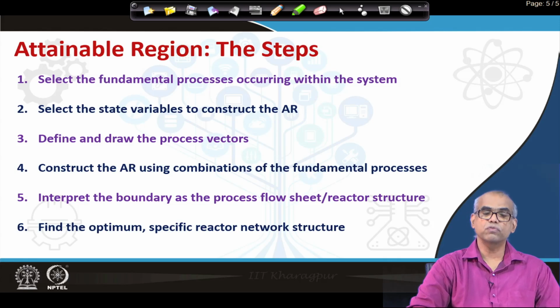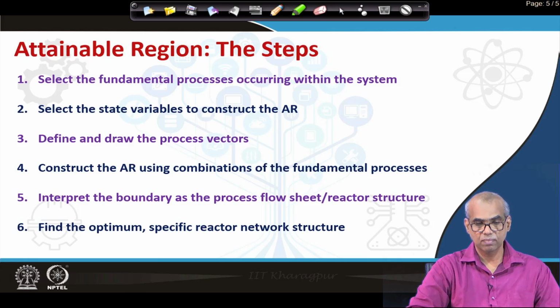Define and draw the process vectors. Construct the attainable region using combinations of the fundamental processes. Interpret the boundary as the process flow sheet, the reactor structure. Find the optimum. Select the reactor network structure. So, these are the steps we will follow.